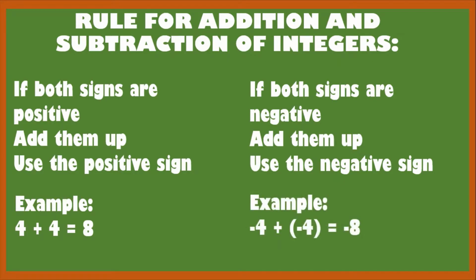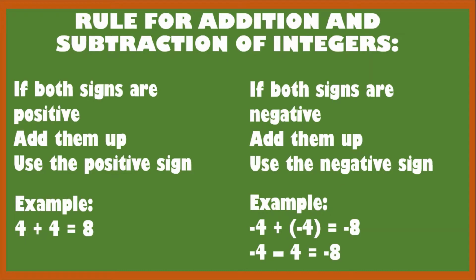Example, -4 plus -4 equals -8. To simplify this equation, positive times negative becomes negative, right? Because they are opposite signs. So -4 minus 4 equals -8.